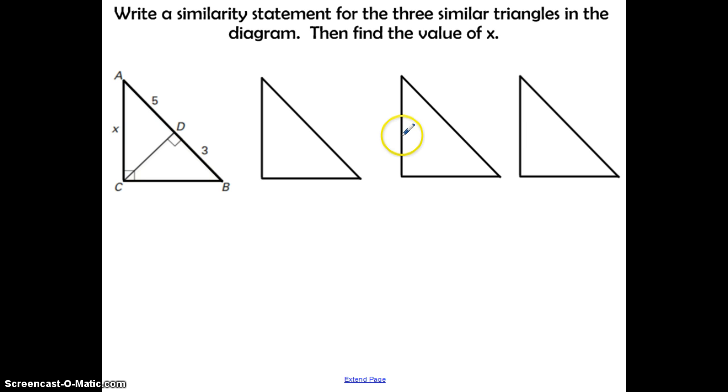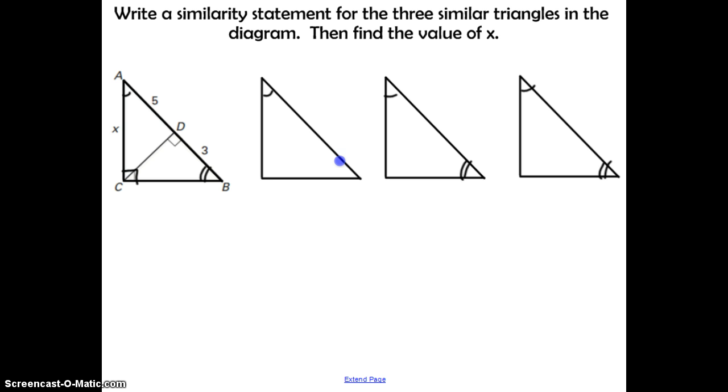And then we're going to mark our angles and then label our vertices. So we have this one on the top is marked with 1, this one's 2, and this is our right angle. So we have 1 across the top, 2, and then we have our right angle.